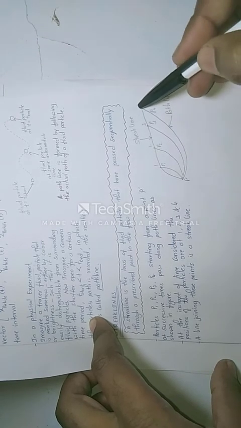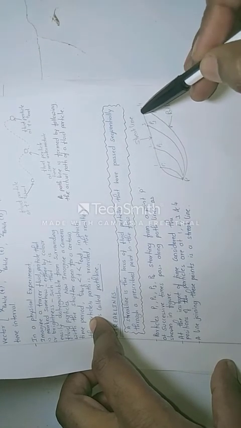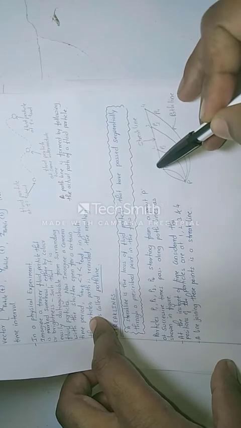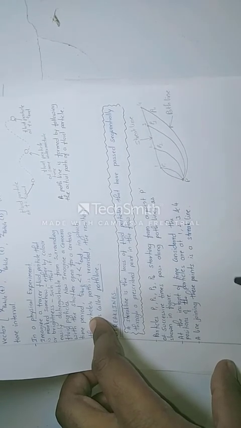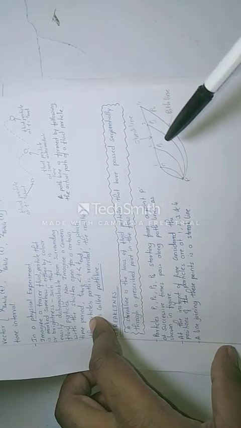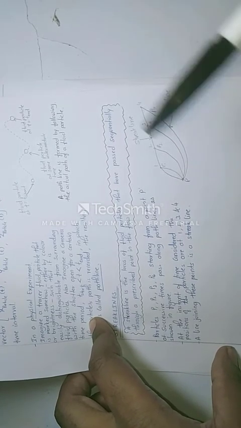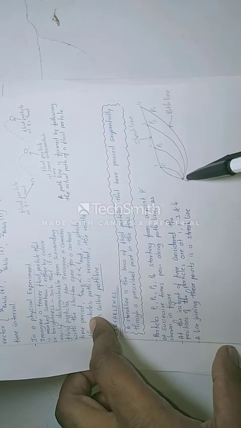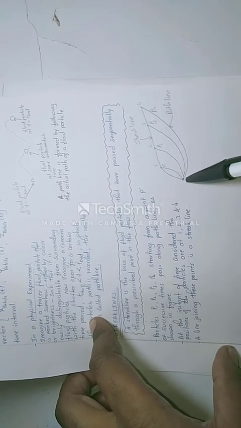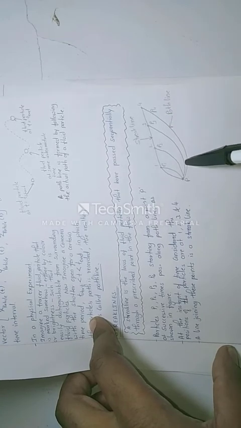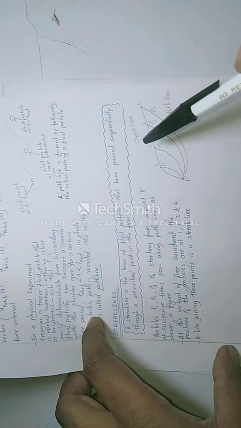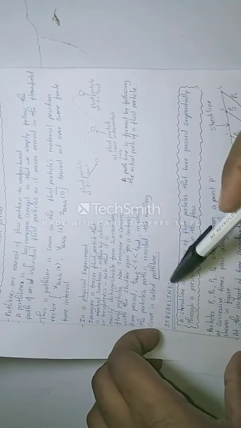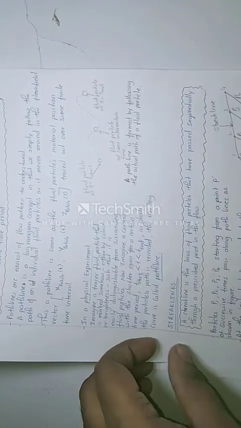You can see I have connected the line from 4 to 3, 3 to 2, 2 to 1, and 1 to P. This line is the streak line, the locus of the particles that have passed through a point. And if I take an individual particle, the path that it has traveled is the path line. So understand the difference between streak line and path line.